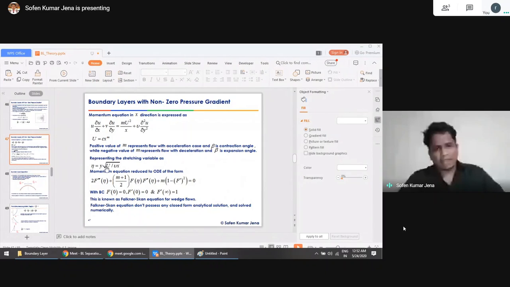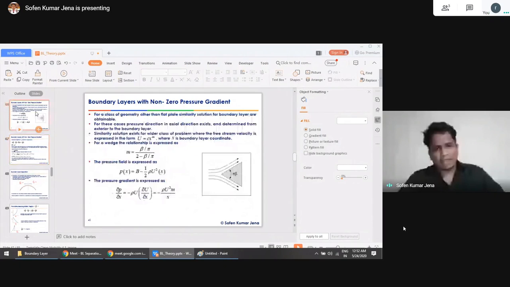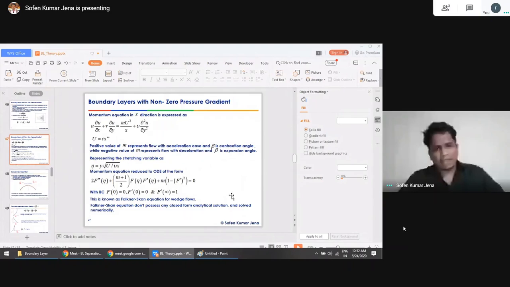Forget about that constant. But here the difference is that instead of the free stream velocity u infinity, in the case of the wedge there is no predefined free stream velocity. The free stream velocity over the inclined plane of the wedge depends upon the angle m. That's why here, instead of u infinity, we have a capital U.